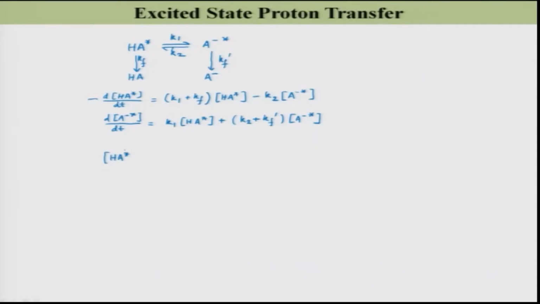So, HA star equal to HA star 0 divided by m1 minus m2 into (x minus m2) e to the power minus m1 t, plus HA star 0 divided by m1 minus m2 into (m1 minus x) e to the power minus m2 t.